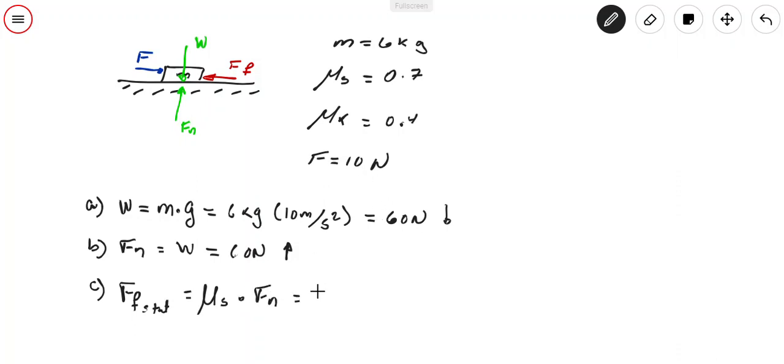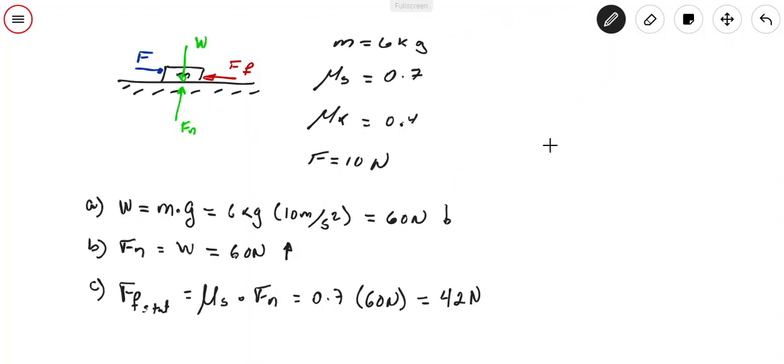Since the coefficient of static friction is 0.7, and we said that the normal force is equal to 60 newtons, when we multiply, 6 times 7 is 42, so 42 newtons. So this is the force of static friction.